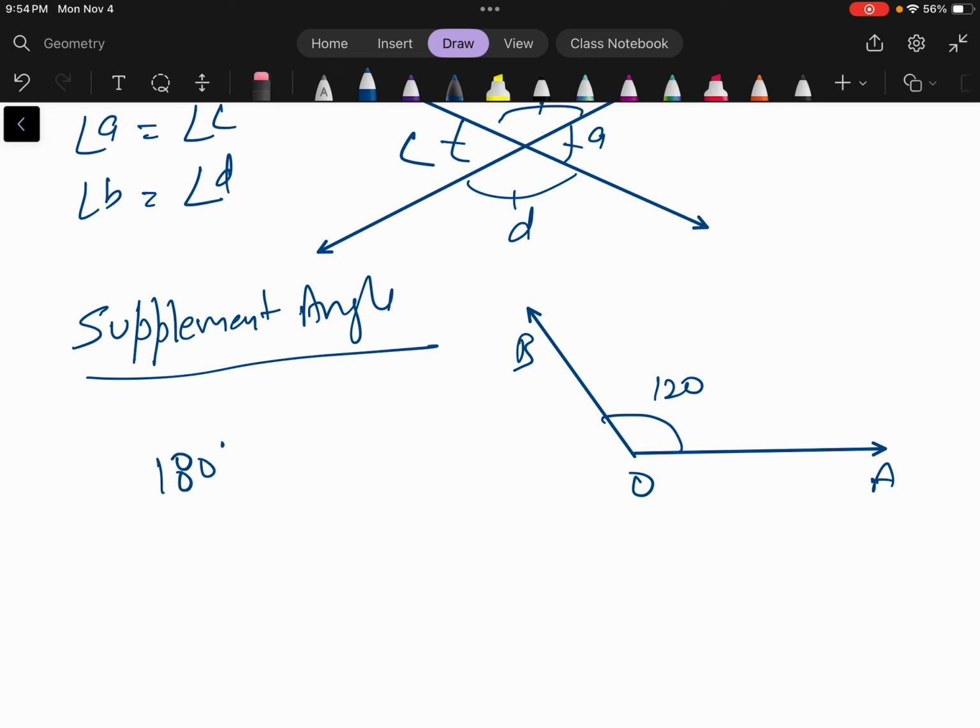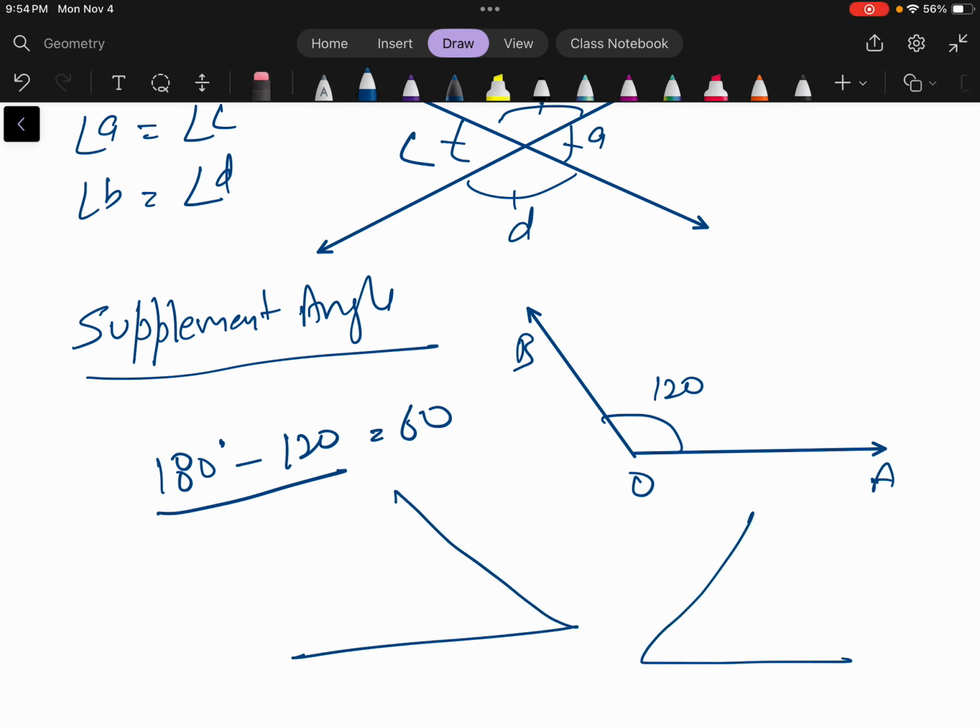If we subtract 180 minus 120, the angle will be 60 degrees. If another angle is drawn like this and it is 60 degrees, then it is the supplement of this one.